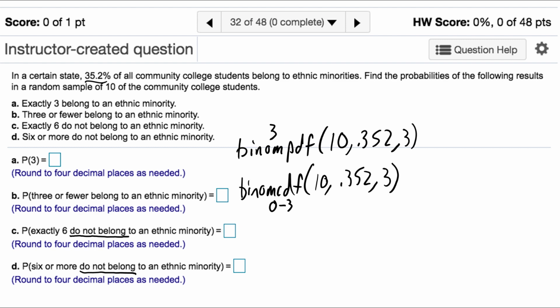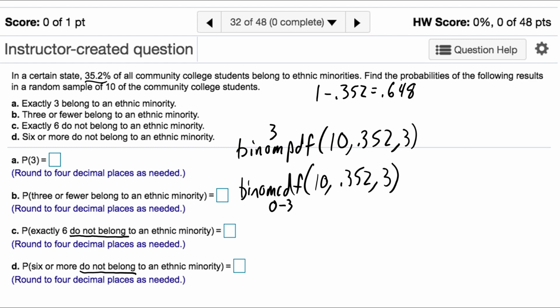Now we want the probability that someone is not in an ethnic minority. We can figure that out by doing 1 minus 0.352, and that's going to be 0.648. So that is the probability that someone does not belong to an ethnic minority.